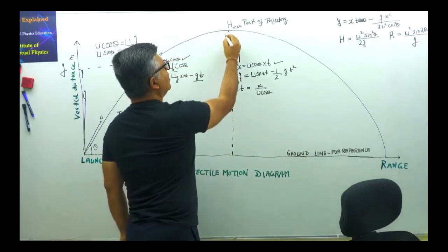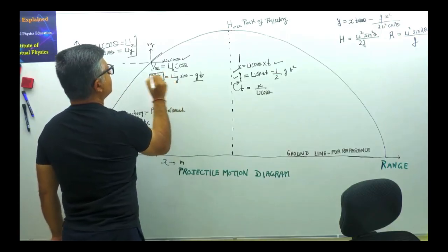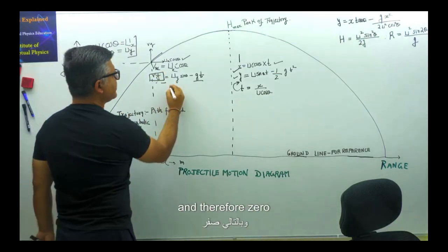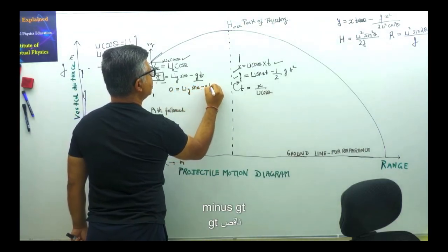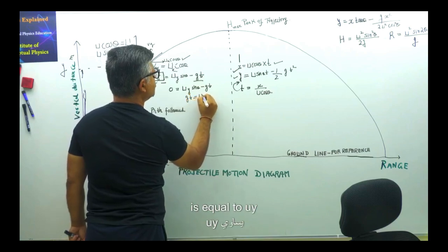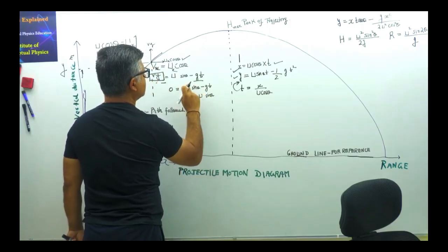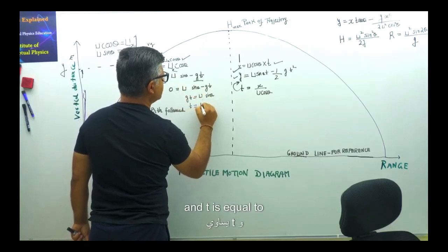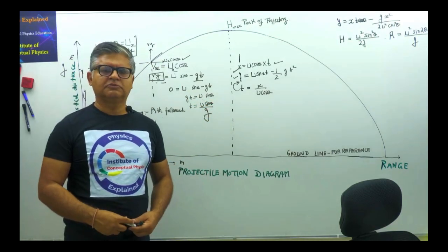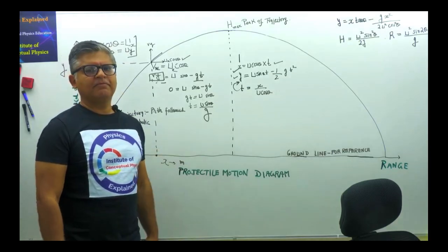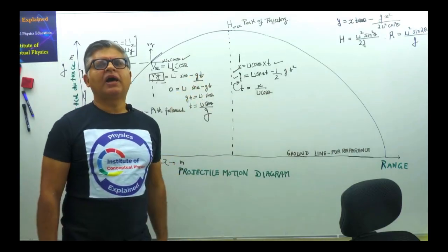Here, the vertical velocity becomes 0, and therefore 0 is equal to u sine theta minus gt, and therefore gt is equal to u sine theta, and t is equal to u sine theta by g. This time is the time taken by the projectile to reach the highest point.